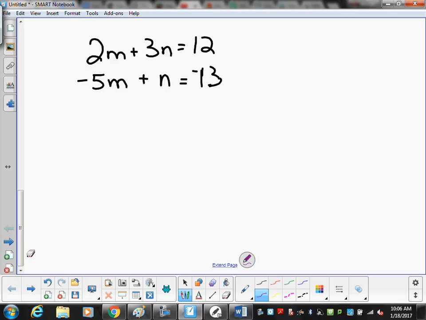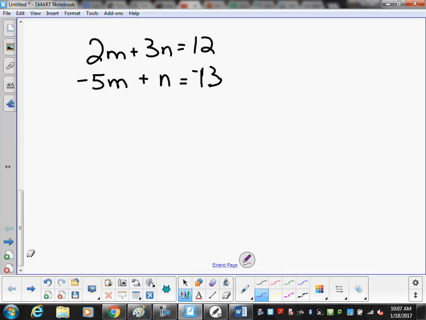Okay, here's the second problem. Okay, do I have opposite coefficients on either of my variables?